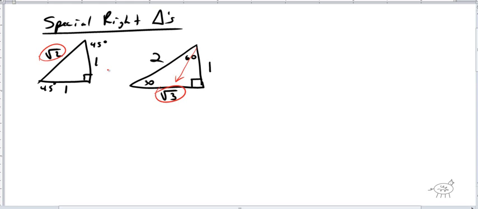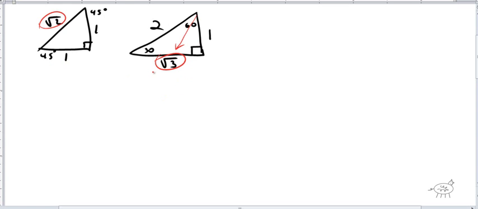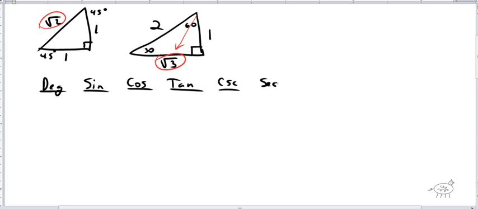Okay? So what we're going to do is use these triangles to come up with a chart. I'm going to have 7 columns. You want to leave a little bit of room here, math fans. I'm going to write down degrees, and then sine, cosine, tangent, and then cosecant, secant, and cotangent.